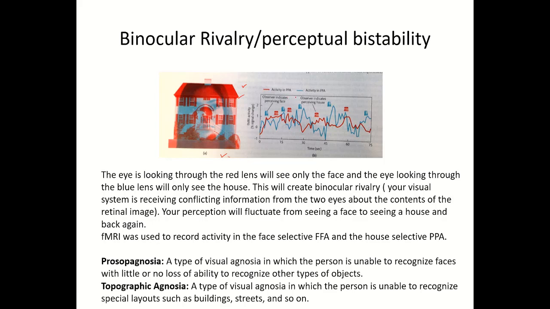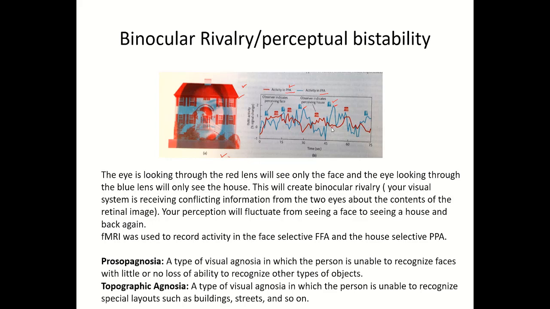And they recorded these two areas. You already know that the parahippocampal place area processes big landscapes or houses, those kinds of structures, and the fusiform face area processes the face. So you see the activity of those areas also changes. When the subject was asked to pay attention to the face, the face becomes clear and the activity of the fusiform face area increased, you see here.